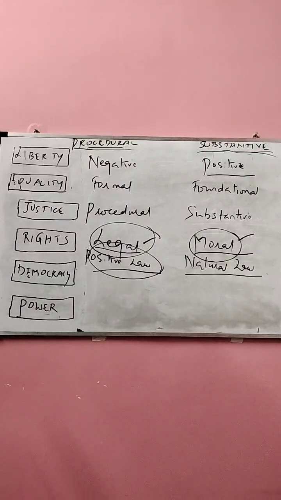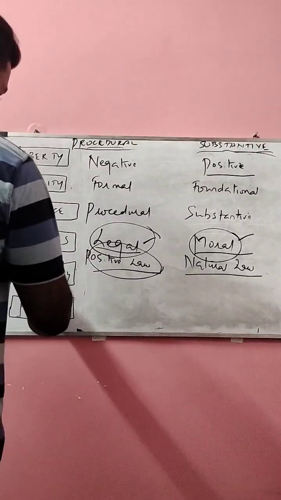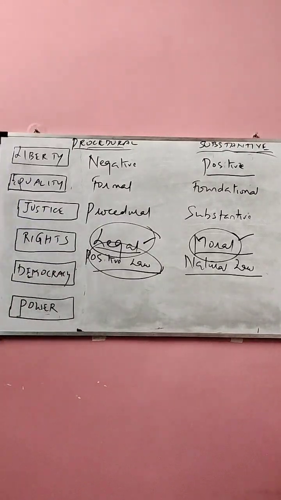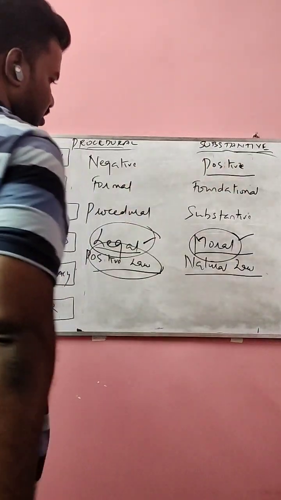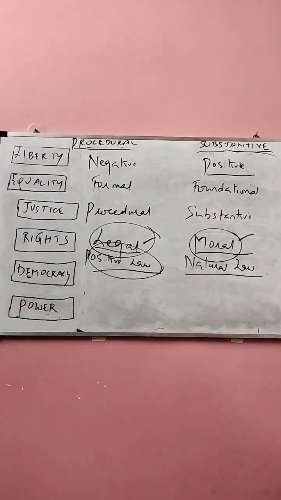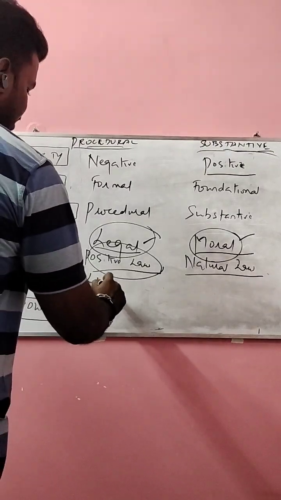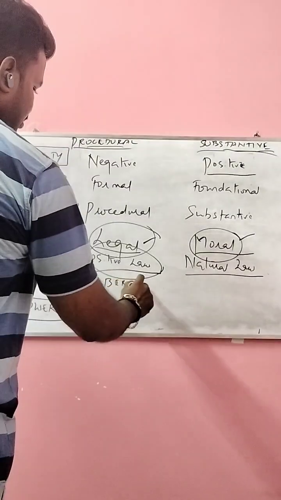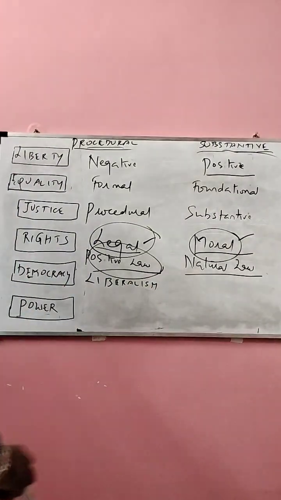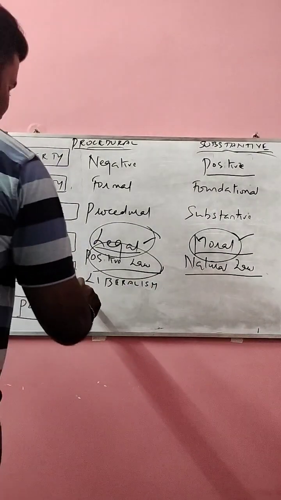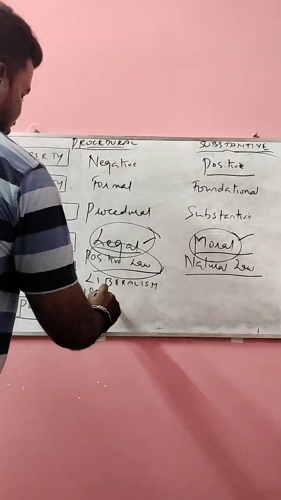Democracy seen through procedural is called procedural democracy as such. It is called substantive democracy on the other side. But procedural democracy is associated with liberalism mainly. That is why the institution itself is called liberal democracy.